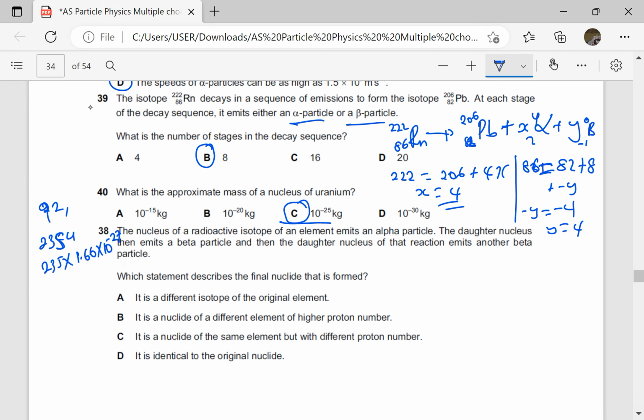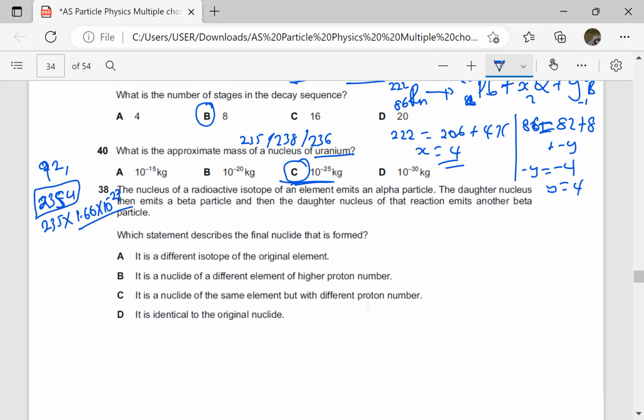So the mass is of the order 10 to the power negative 25, because the mass of the nucleus in unified atomic mass units is just that value. Since we are used to uranium as 235 or 238 or 236, you just multiply by 1.66 times 10 to the power negative 27 to get the order.